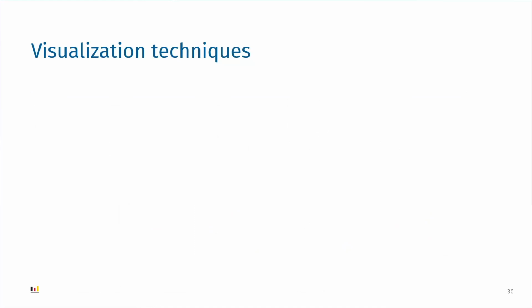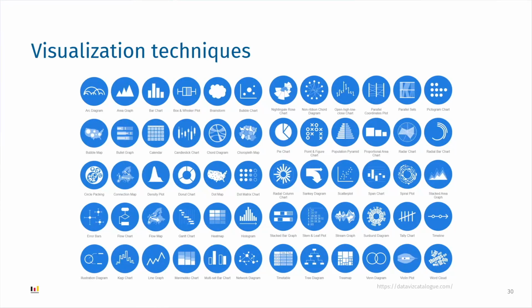But besides using all the different marks and channels that are available, we can also approach visualization from a higher level and look at the different kinds of visualization techniques. There are a multitude of different chart types besides our beloved bar and line charts and our more controversial but commonly used pie charts.